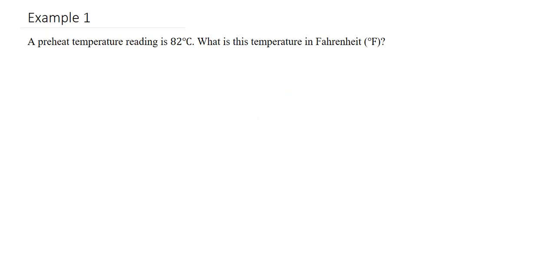So example 1, a preheat temperature reading is 82 degrees Celsius. What is the temperature in Fahrenheit? If we're going from Celsius to Fahrenheit, we're going to use the first formula. Fahrenheit is equal to 9 over 5 times Celsius plus 32.